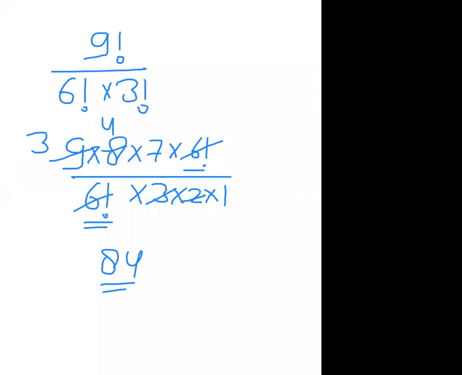In the same way, a question is given to us: n factorial upon n minus r factorial. This is very easy. Hope you are finding it simple. Now it is given that n is equal to 9 and r is equal to 2.